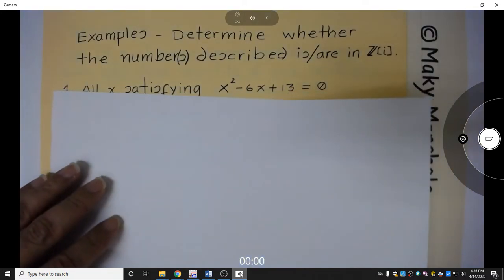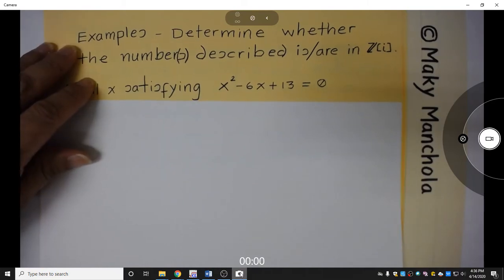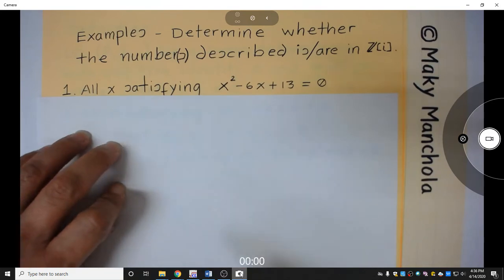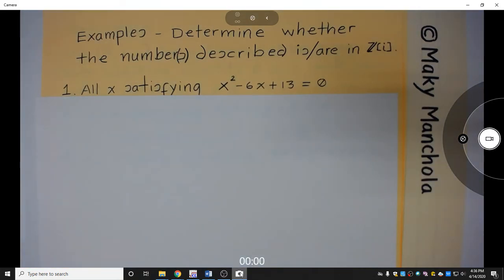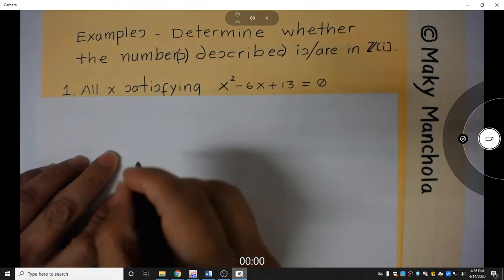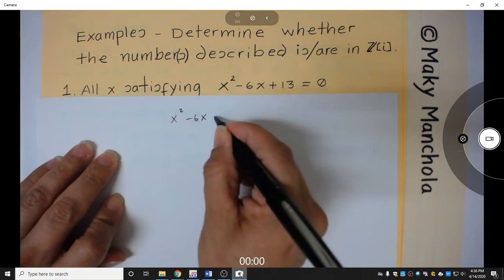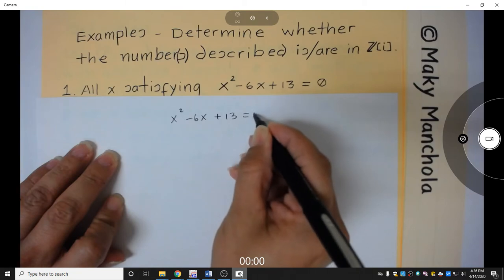Let's take a look at number 1. So we're looking for solutions to our equation x squared minus 6x plus 13 equals 0.